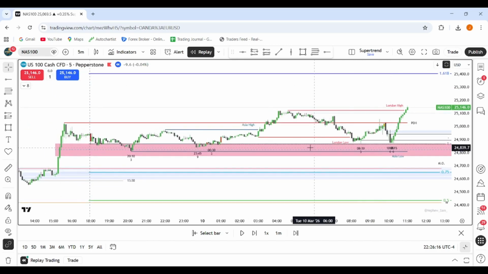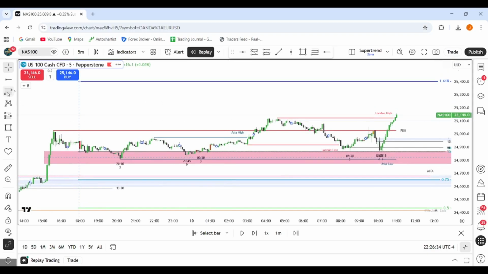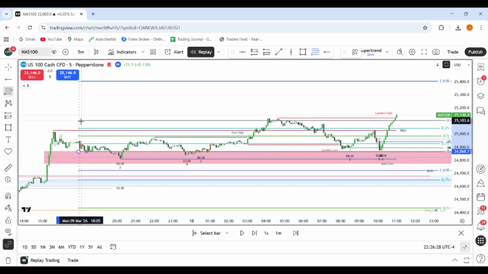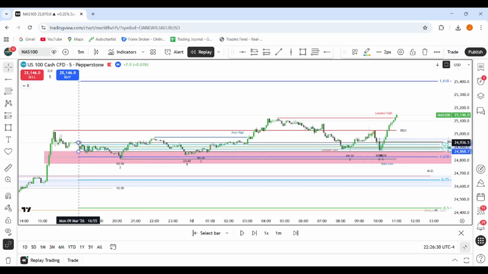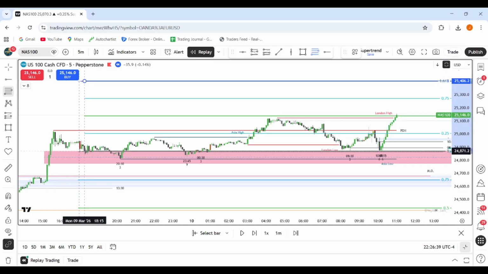Now what I have found is that when price is trading outside in this zone here, then it's always good to also split that. Let me do it the other way. It is always good to split this zone up as well into 4, because price also reacts there too.